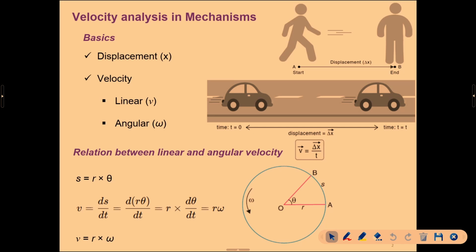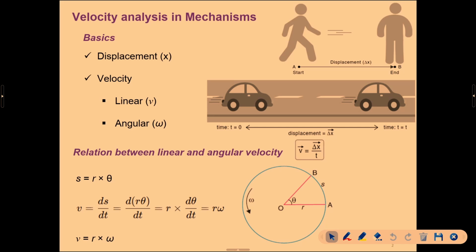Looking into this case in depth, r does not vary with time, because even though the particle moves through 360 degrees, the radius remains constant, whereas theta varies with respect to time. So r is a constant in this case, so it can be taken out and the remaining is d theta by dt.